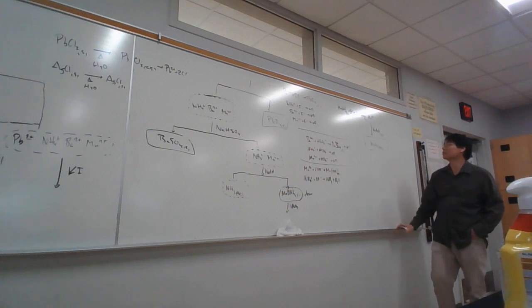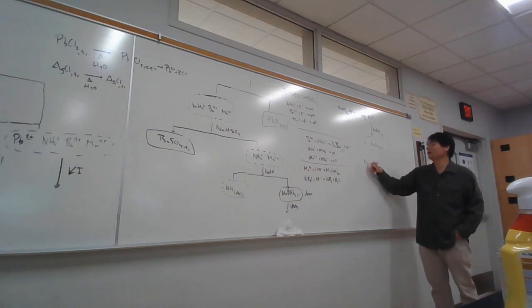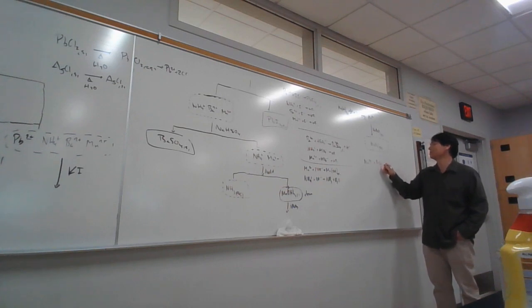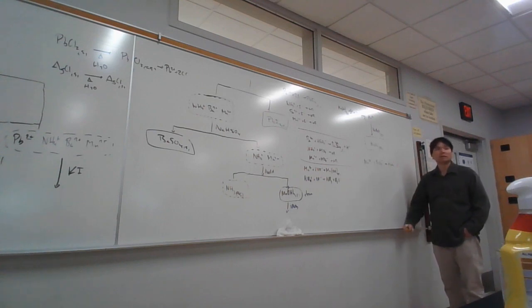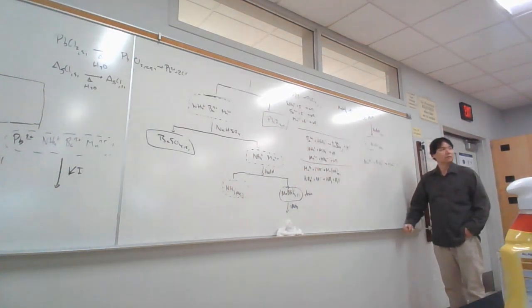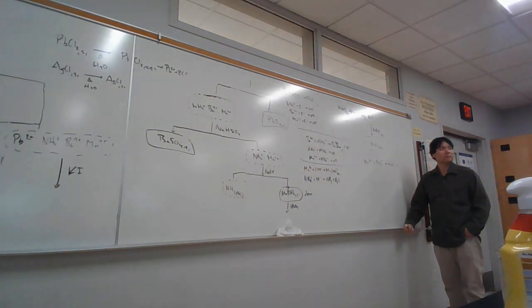And so what's the reaction here? The reaction here is manganese 2 plus and bismutate. Sodium is just a spectator. What's the charge on bismutate? -1. Yields permanganate plus, what do you think bismutate gets converted into?